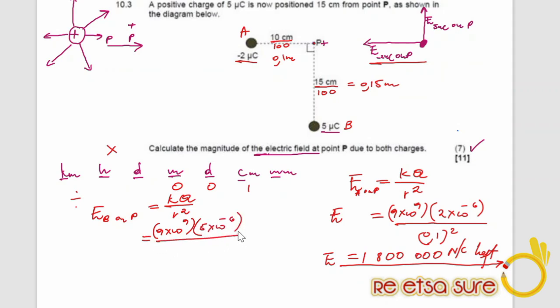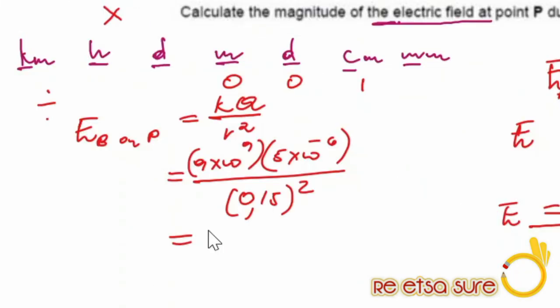All over the distance between the two. The distance between the two is not 15, but it has to be 0.15 squared. And then from here, 9 times 10 to the power of 9, we multiply it with 5 times 10 to the power of negative 6, and then we divide with 0.15 squared.